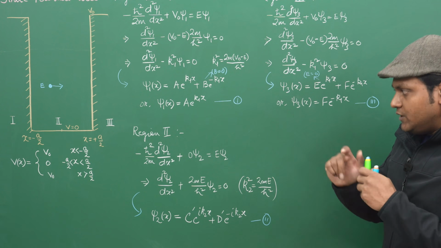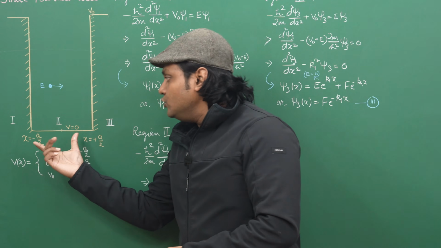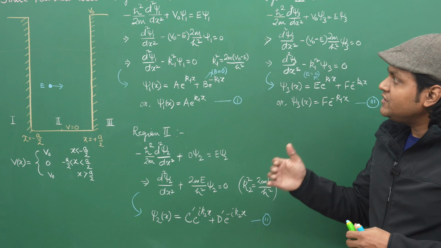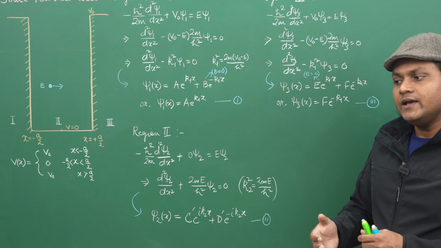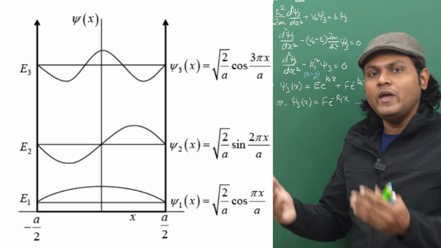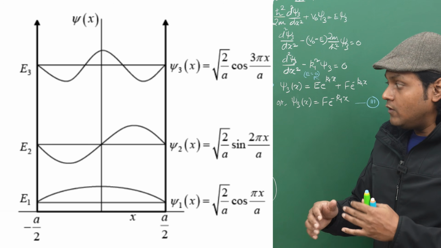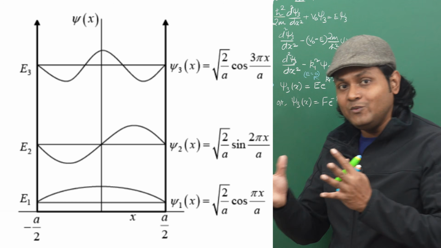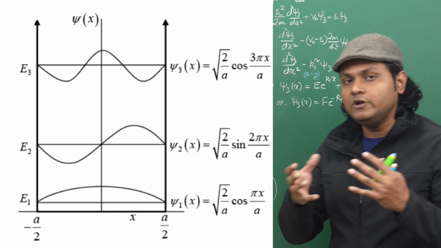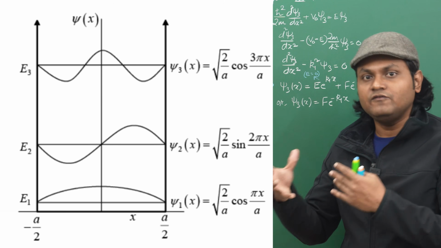But here we are using a symmetric potential well. And what happens in a symmetric potential well is that you end up getting alternatingly even and odd wave function solutions. So for the odd solutions, we will be getting sinusoidal functions, and for the even solutions, we will be getting cosine functions.